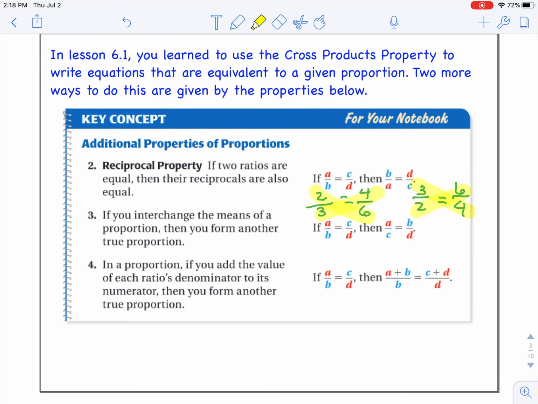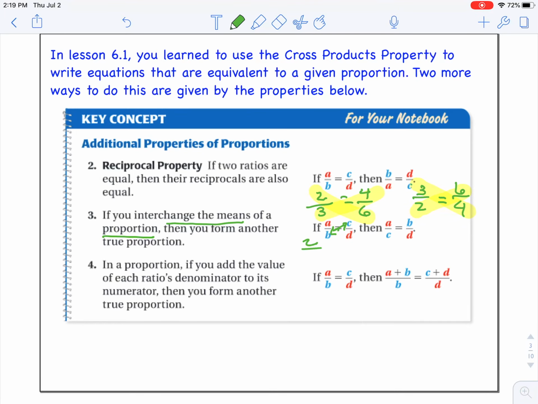The next property says that if you interchange the means of a proportion, you also form another true proportion. Remember, the means are these right here. If we exchange the C and the B in this proportion, we'll also have a true proportion.